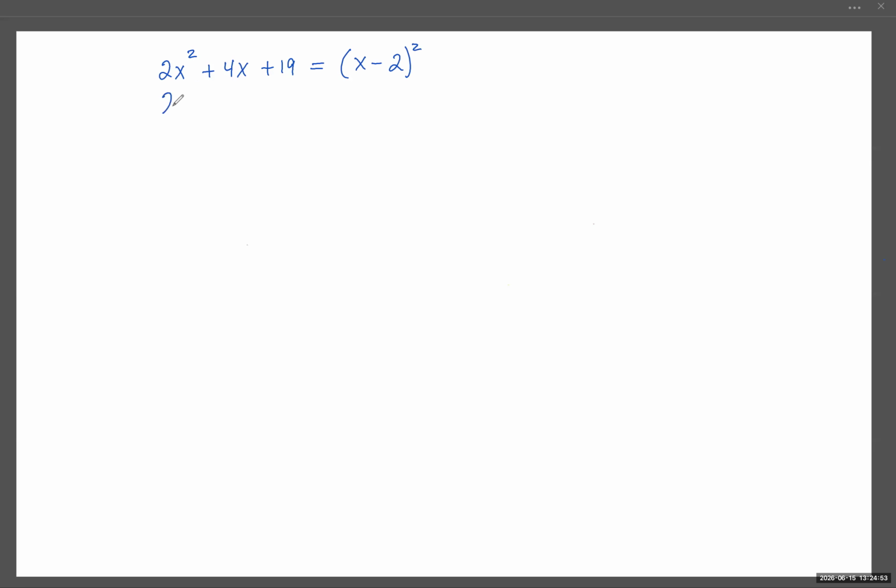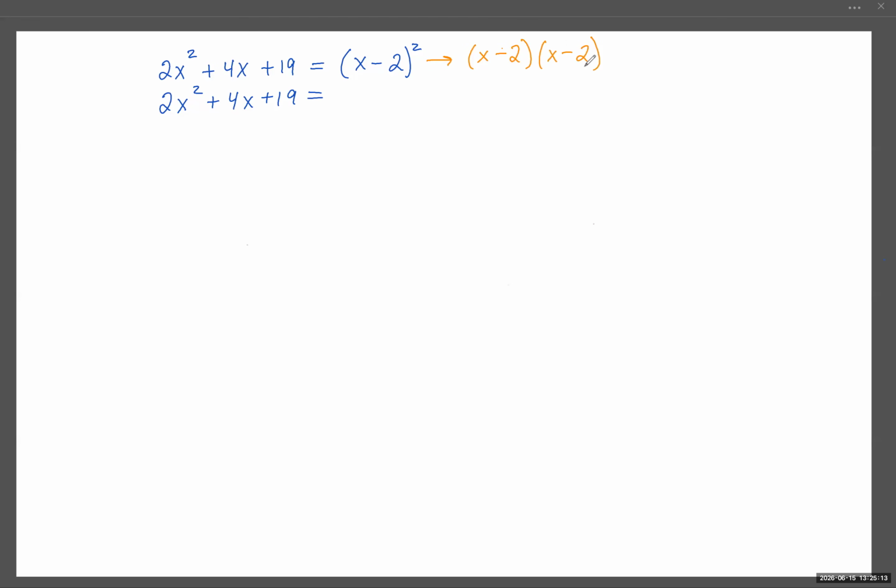I'm not going to touch the left-hand side for a second. Just rewrite it. On the right-hand side, I have to open up this parenthesis. So you need to remember that x minus 2 squared is the same as x minus 2 times x minus 2.